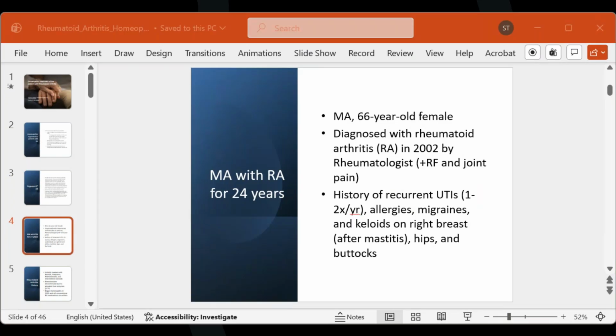I'm on the 4th slide now. Yeah, it says MA with rheumatoid arthritis for 24 years, slide 4. Yeah, that's the screen that I see out here. Okay, now you can see it and I can't move the screen. So I'll go back into PowerPoint and then I'll be able to move it maybe.